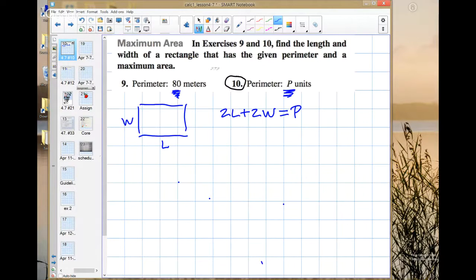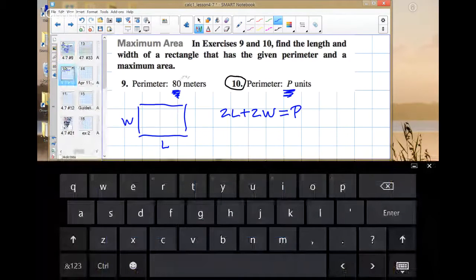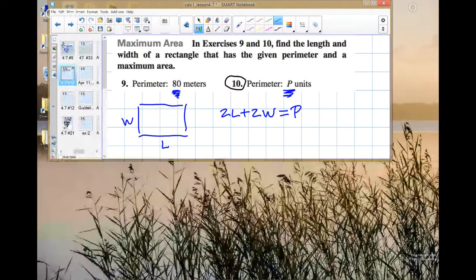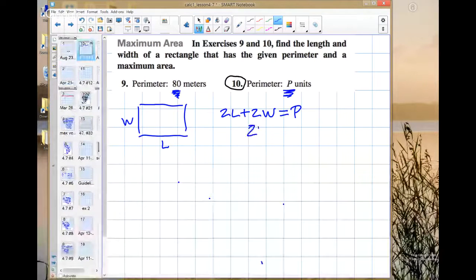Now, eventually we've got to do a derivative, but P is a constant, so we don't have to worry about that. But we can't have 2 variables, L and W. So just like last time, we need to get rid of one of those letters. How about if we solve for W? If we subtract 2L from both sides, and then divide both sides by 2, let's see what we're best off doing.